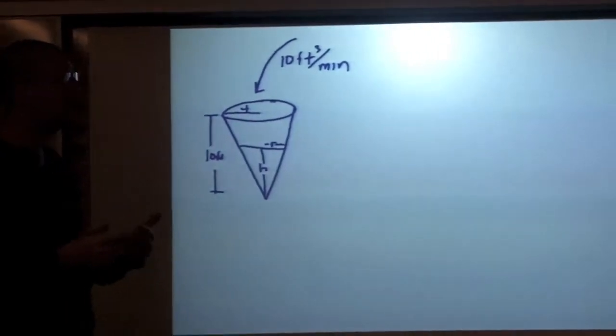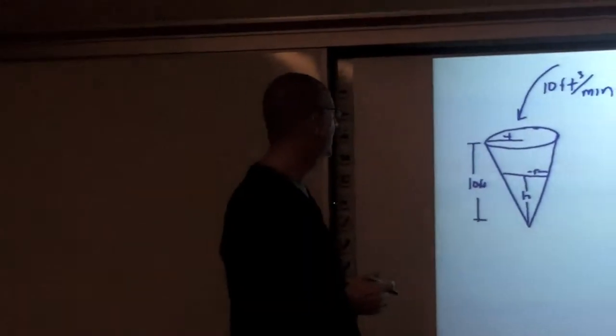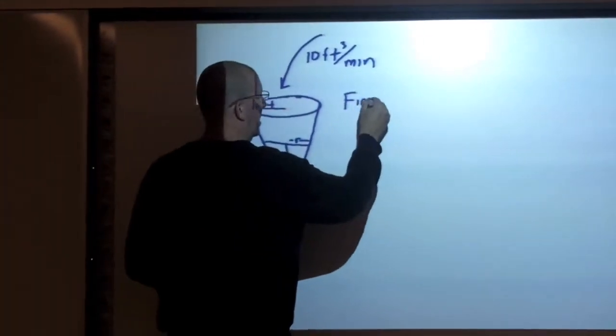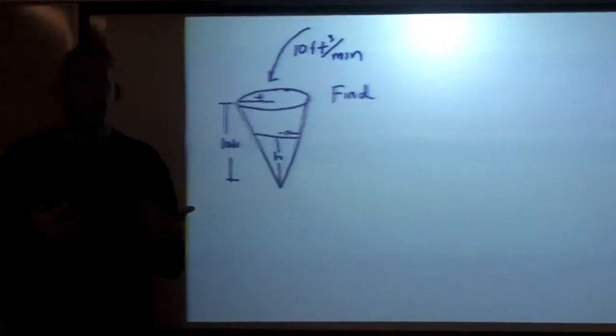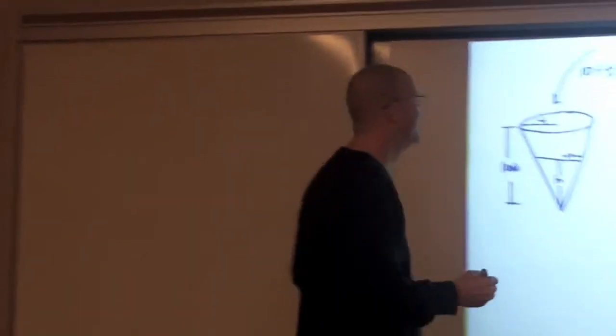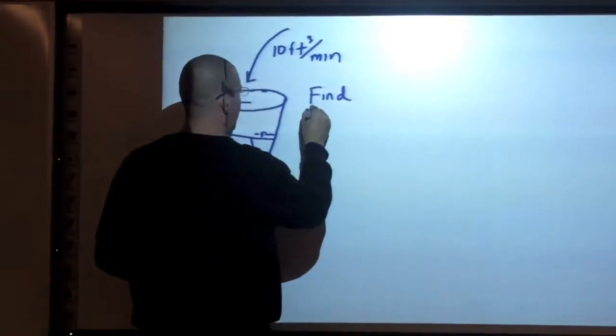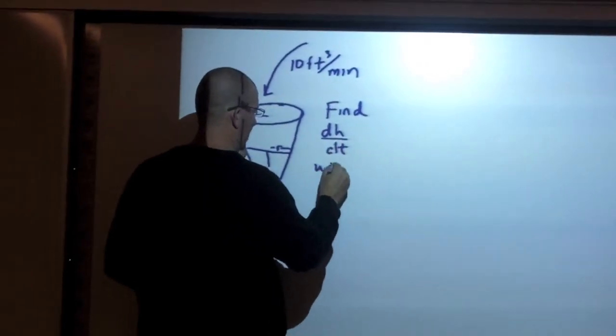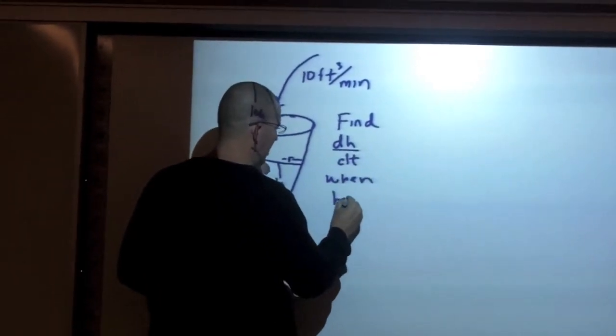So the question is going to be, find how fast the water level is rising, also known as dh/dt, when h equals 5.